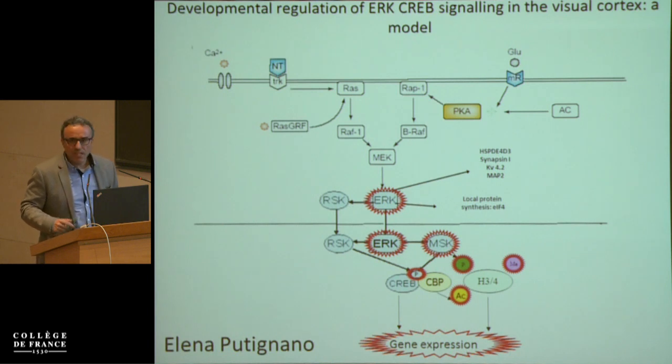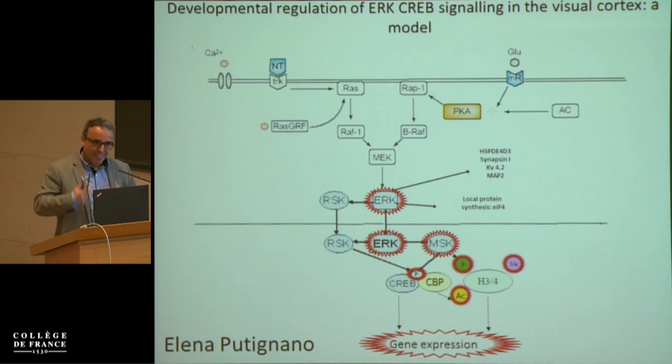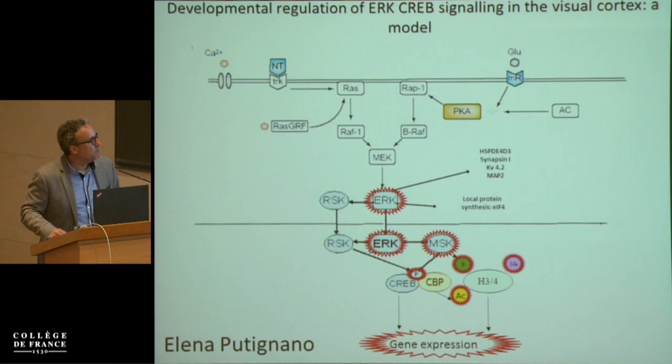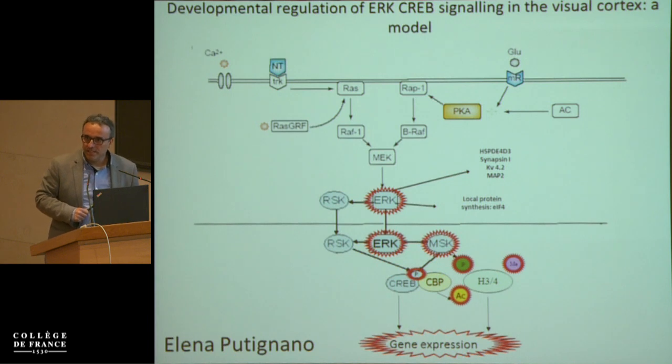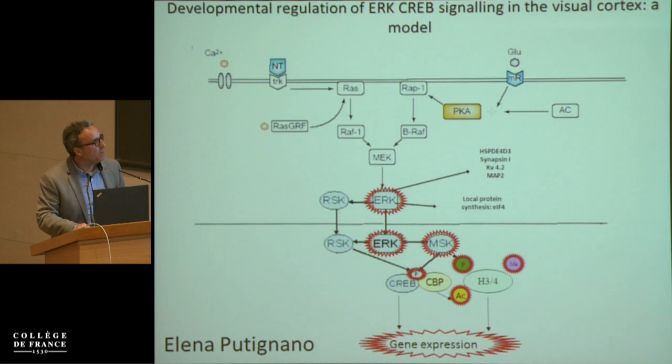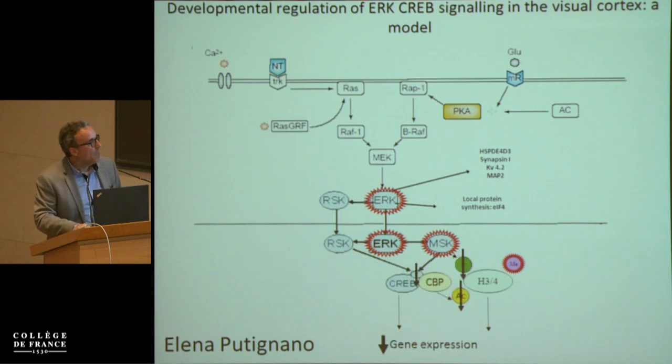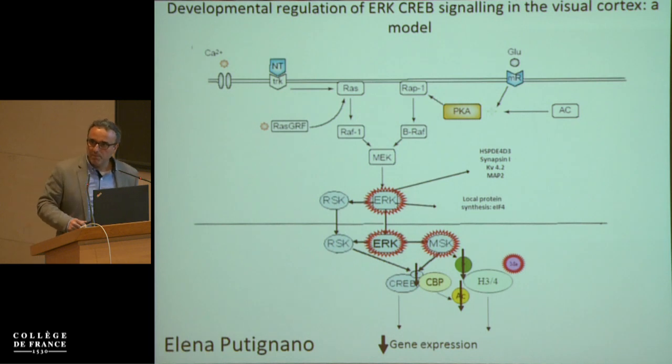So really switching on the light in juvenile animals can make this big change in the way that genes are transcribed in the visual cortex. Of course, it was interesting to know what are these CREB-controlled genes that are activated by experience in a very dynamic way. But another question was, what happens if you do the same experiment in an adult animal when plasticity is reduced?